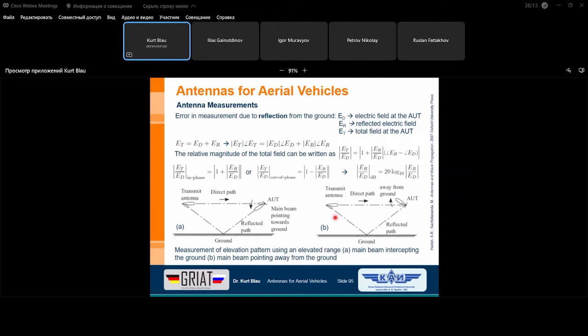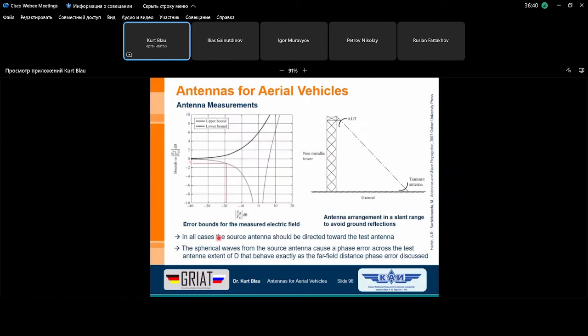This is what we have to consider as an error in pattern measurement because of the ground reflections. But you can also ensure that the ground has a very, very low reflection coefficient. Normally in nature it's given by grass and such things. Or you can also apply absorbing material here, and we discussed this also in the last session.